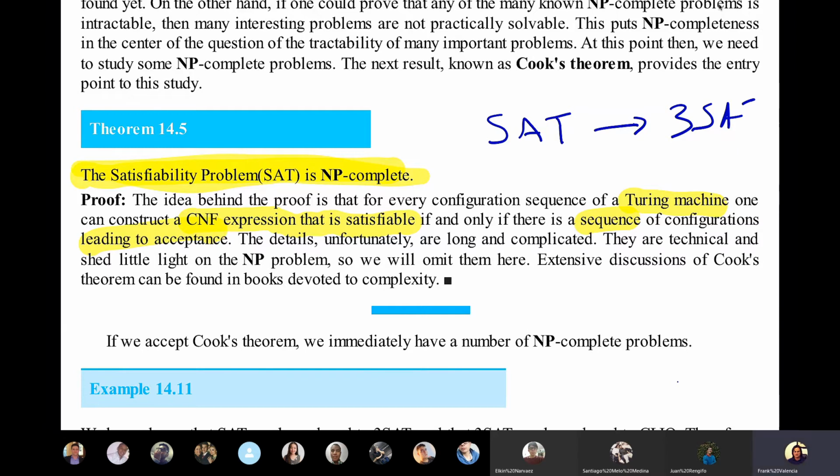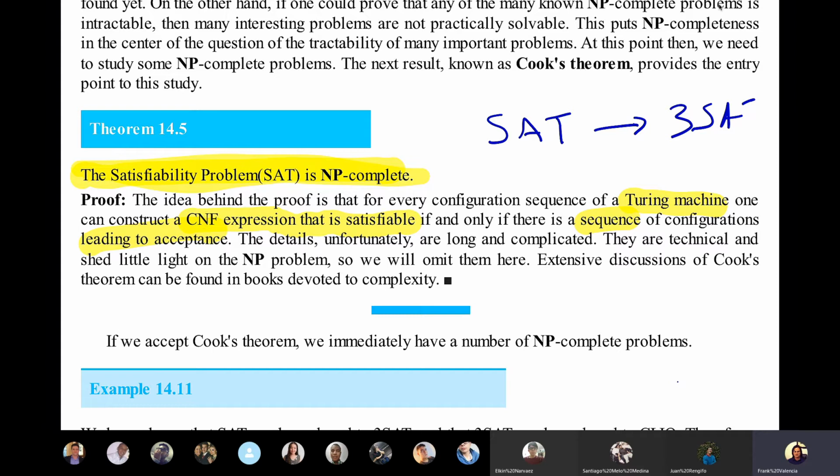And then you can prove that this sequence is polynomial. I mean, the number of configurations is polynomial. Then that way you can prove that this one is polynomial too.